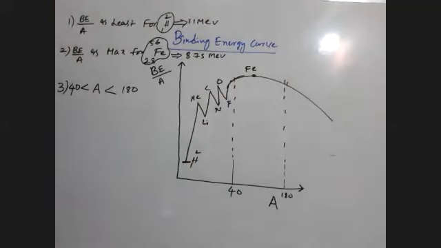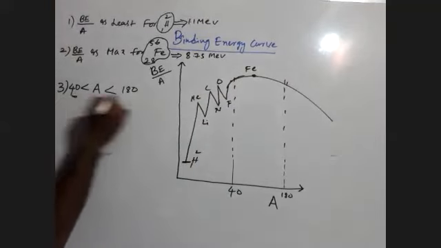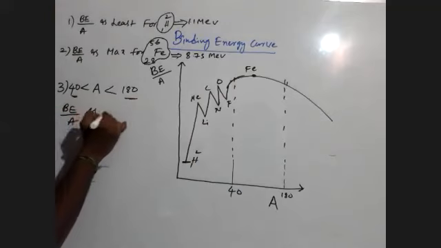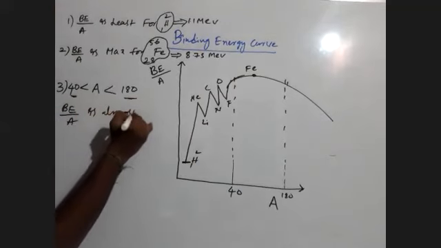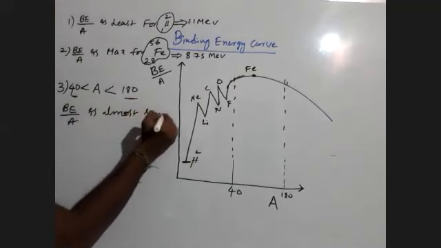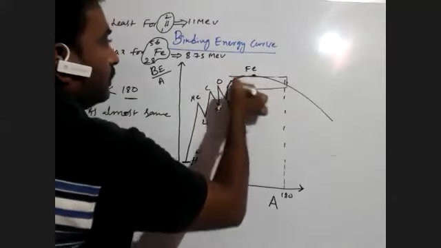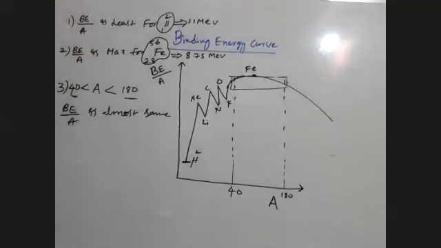So for these elements, mass numbers 40 to 180, B by A is almost the same. So these are all stable elements I can consider, stable nuclei.